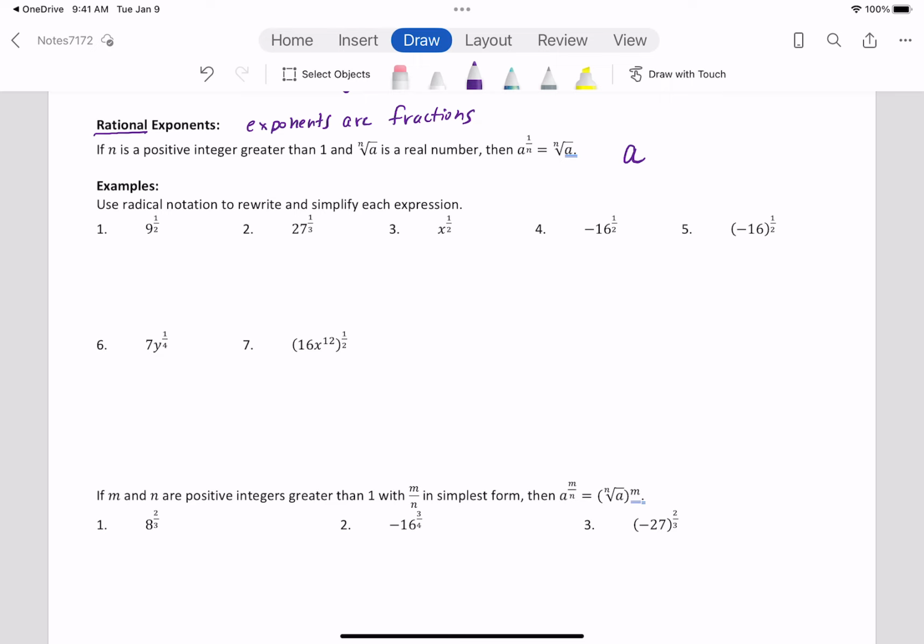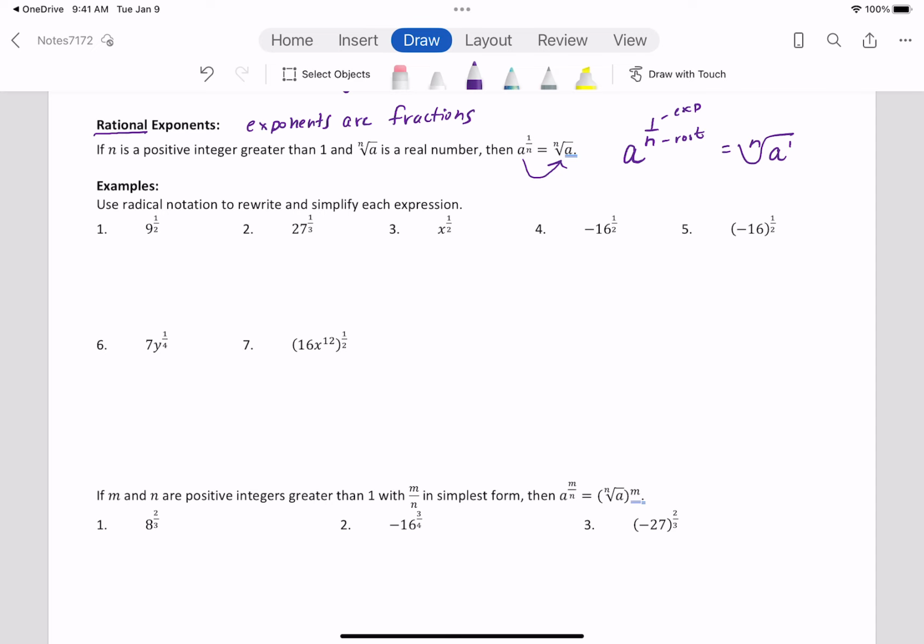So this is saying a to the 1 over n, this is going to be my exponent, and this is going to be my root. So you see how I got from here to here. I'm going to have the nth root of a to the first. Okay? Let's look at some examples.